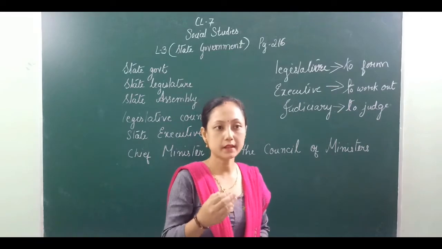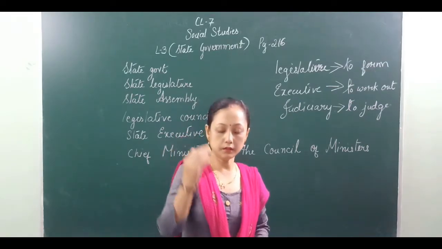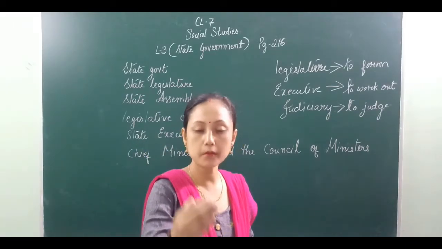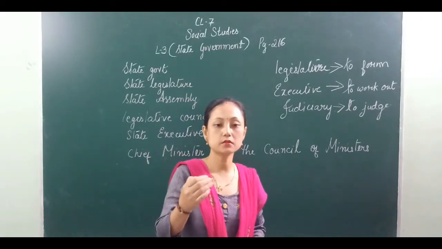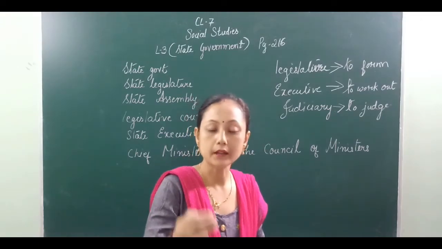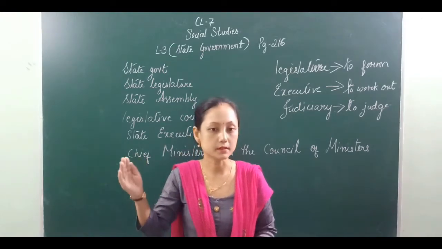Governor, in one sense, is appointed by the president for different states for a term of 5 years. He used to be changed after every 5 years. The chief minister usually also used to be changed within every 5 years. But we find that in every state we have different chief ministers.